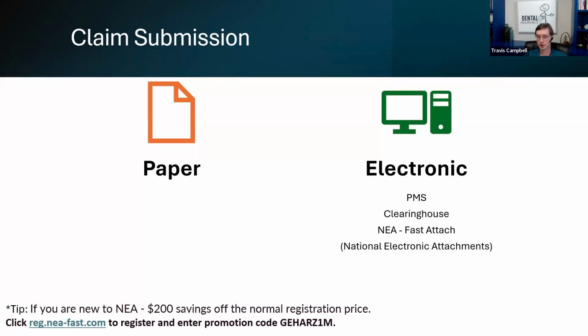And thankfully, most practice management softwares will automatically do this for you. But you attach the number for that file, picture, x-ray, whatever it happens to be, with the claim. And so the insurance company, when they get the claim, sees, okay, we have the claim form, but we don't have any attachments. I see a number, I'm going to go to NEA and look at that number and get the data. So that's how this tends to work electronically.